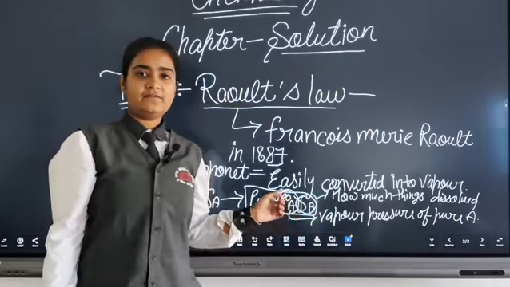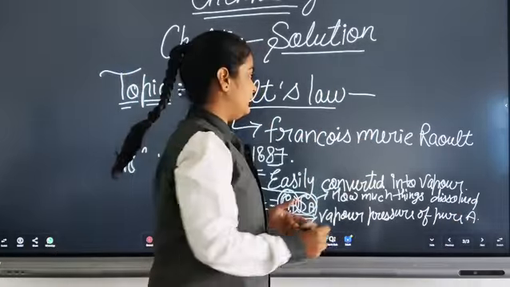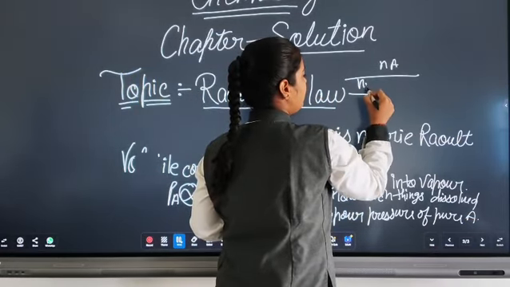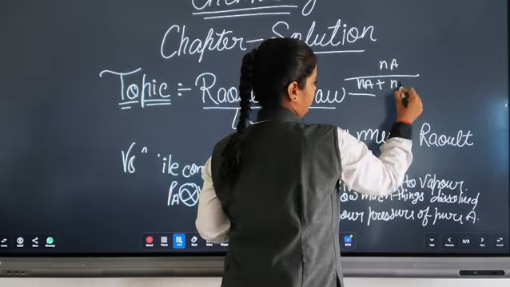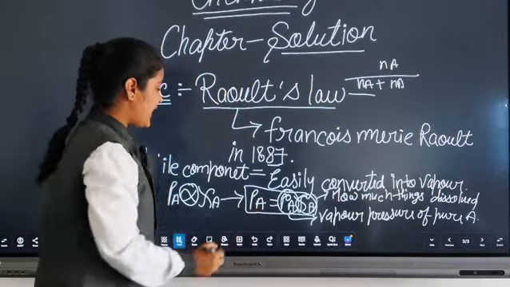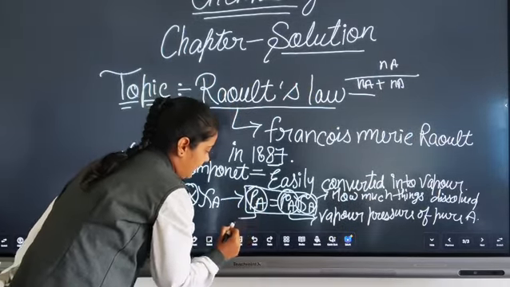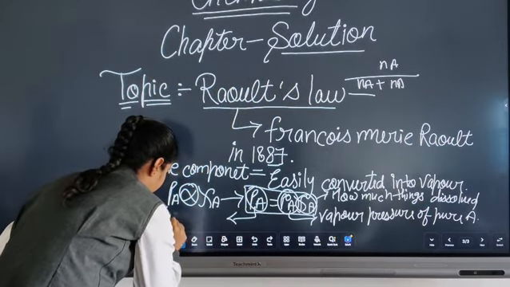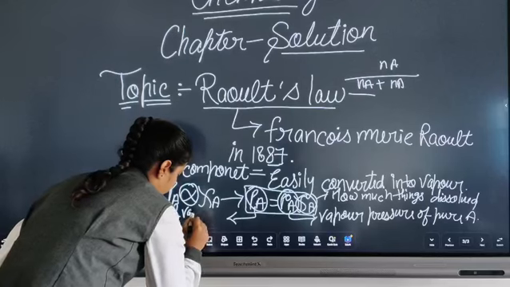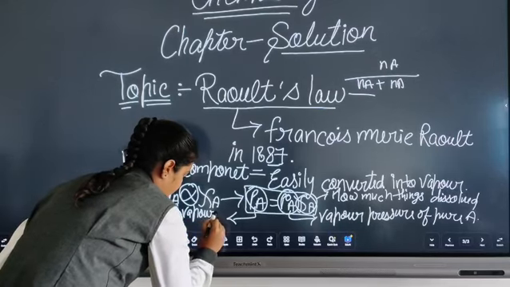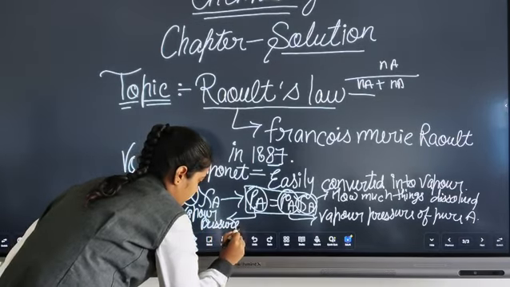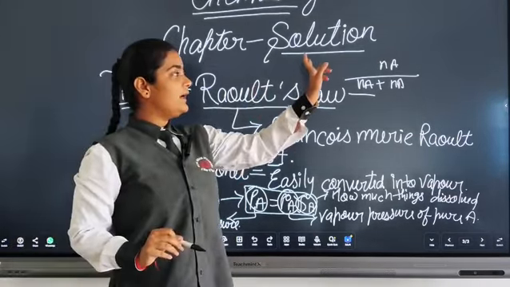In the previous class, we studied the chi A formula: the number of moles of one component divided by the number of moles of the total components. And P A is the partial pressure of A. It is the partial vapor pressure.